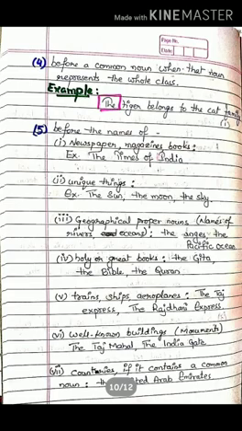Holy or great books: the Gita, the Bible, the Quran. Names of trains, ships, aeroplanes: the Taj Express, the Rajdhani Express. We use the with well-known buildings or monuments like the Taj Mahal, the India Gate.